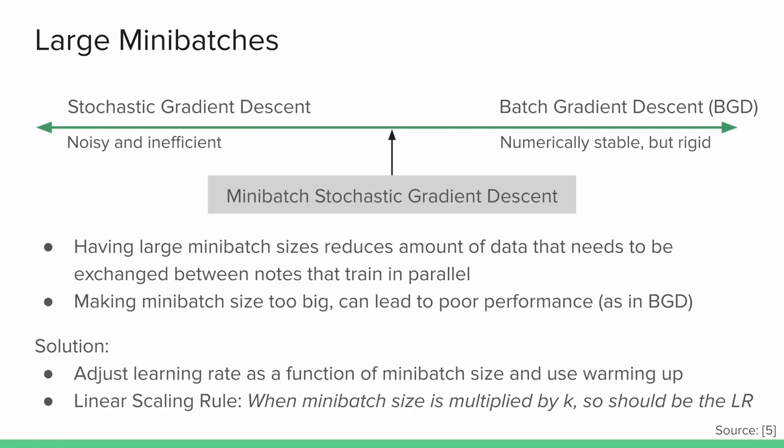So what you can do is adjust the learning rate as a function of the mini batch size, which is something that you should definitely do. And you might even use something called warmup. There is a rule of thumb that you can remember: if you increase your mini batch size by k, you should apply the same factor to your learning rate.